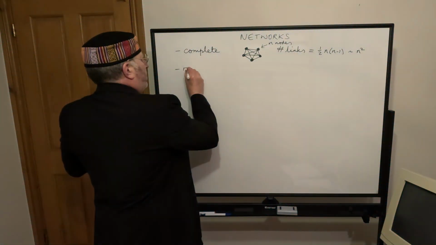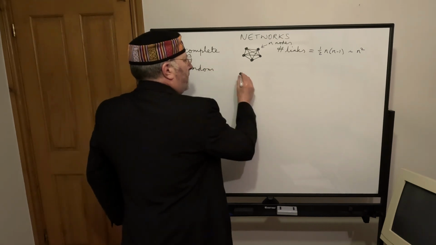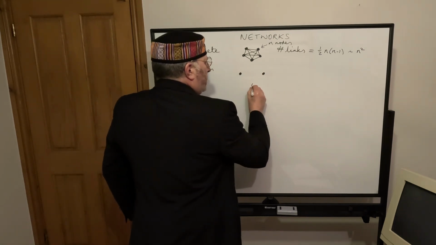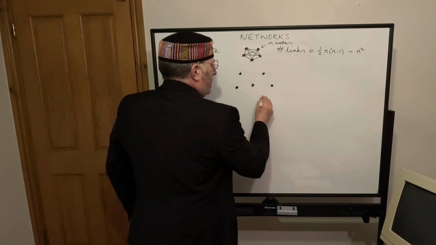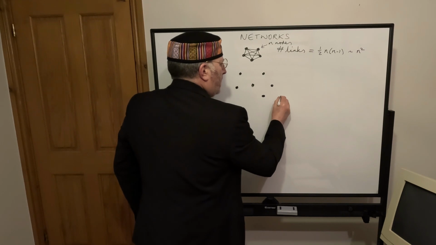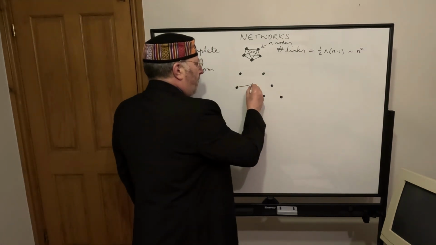Another type of network is a random network. So here the idea is that you've got a set of nodes and you start linking them up at random.